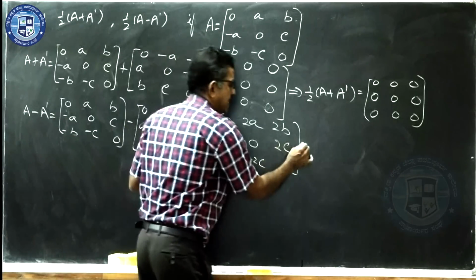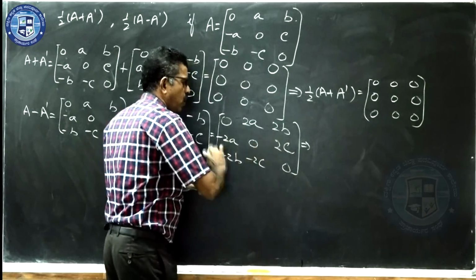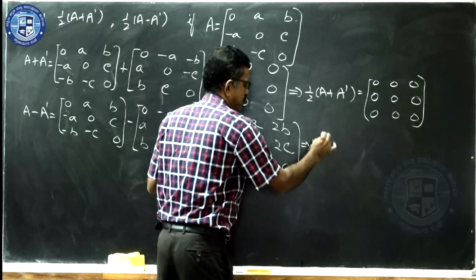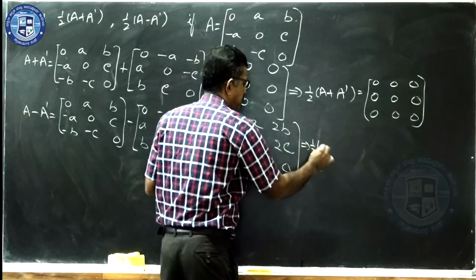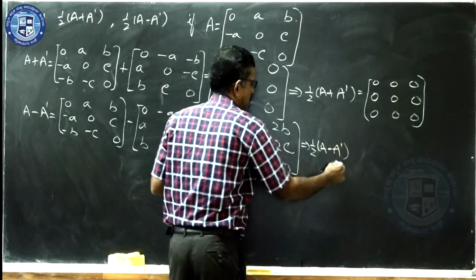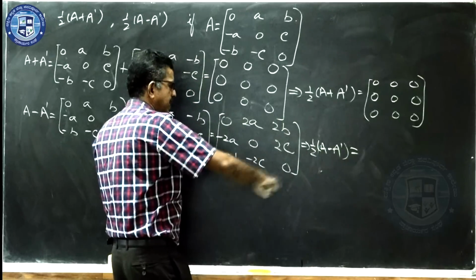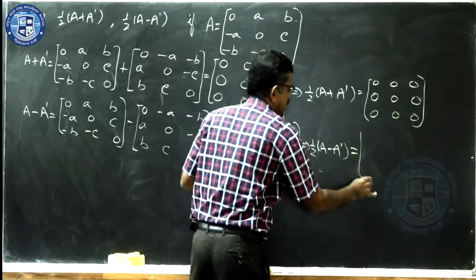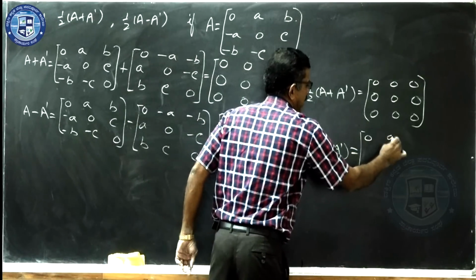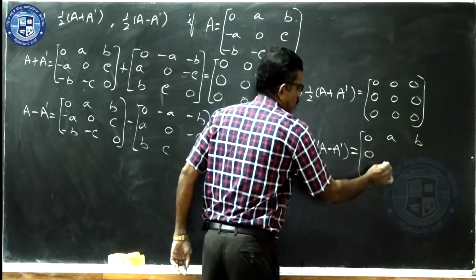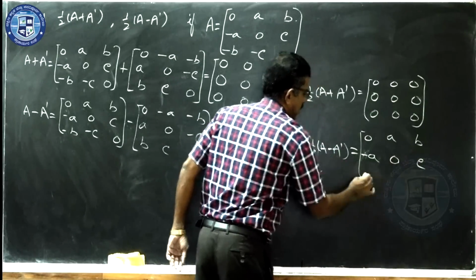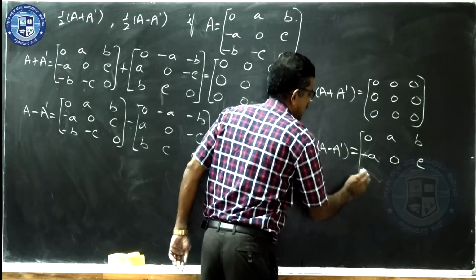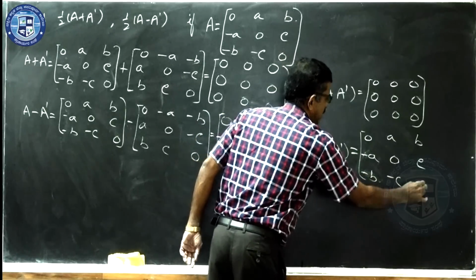Therefore, half of that, you divide all entries by 2. Half of A minus A dash is obtained by just dividing each entry by 2. That gives 0, a, b; minus a, 0, c; minus b, minus c, 0.